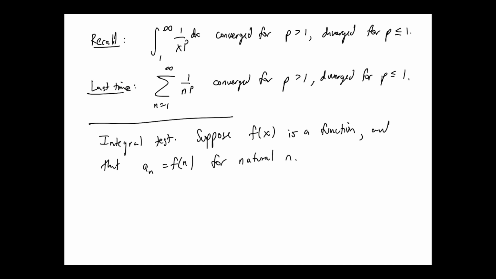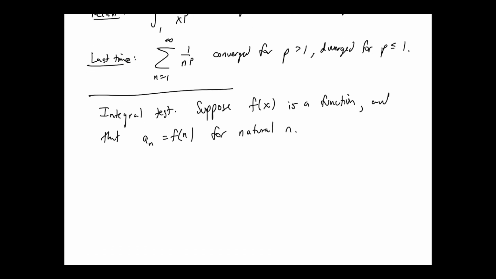Suppose I've got a function and a sequence, and they agree when I put in a whole number. So this would be like f of x equals x squared versus a sub n equals n squared. They're kind of the same thing, but I'm thinking of one as a continuous function, and the other only operates on whole number values, and I want them to agree on those values.